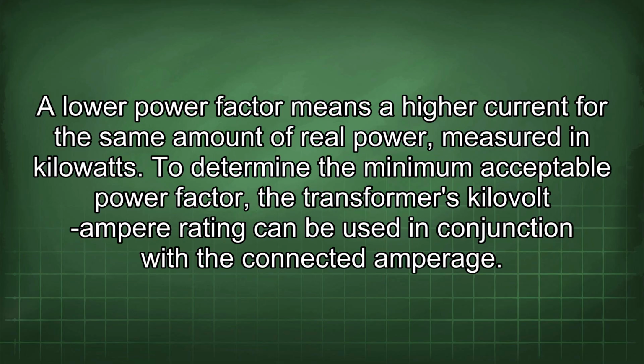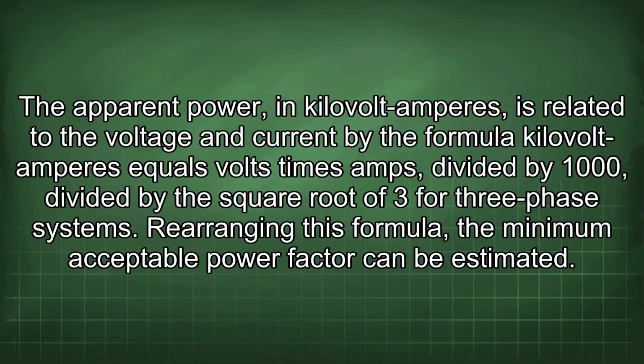To determine the minimum acceptable power factor, the transformer's kilovolt-ampere rating can be used in conjunction with the connected amperage. The apparent power, in kilovolt-amperes, is related to the voltage and current by the formula kilovolt-amperes equals volts times amps, divided by 1000, divided by the square root of 3 for 3-phase systems.